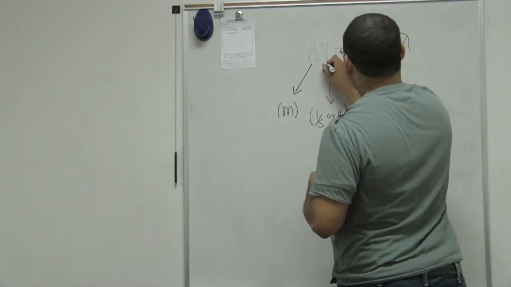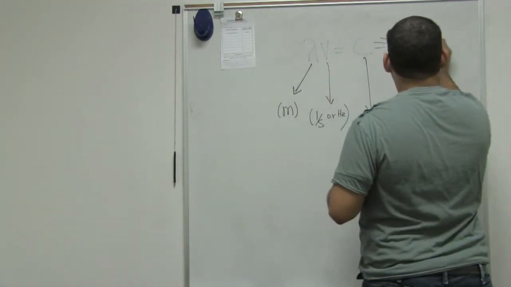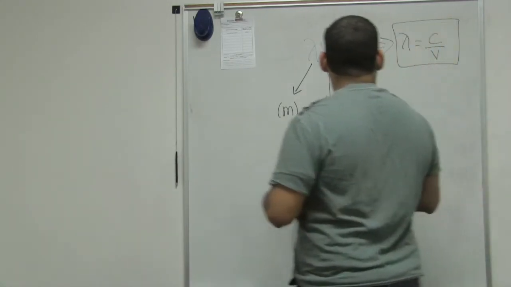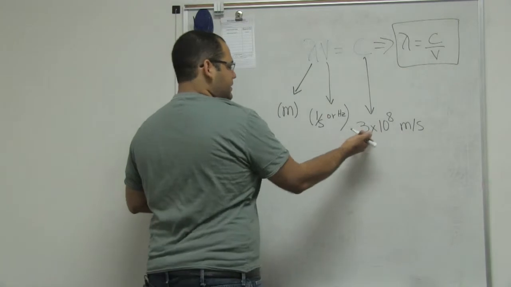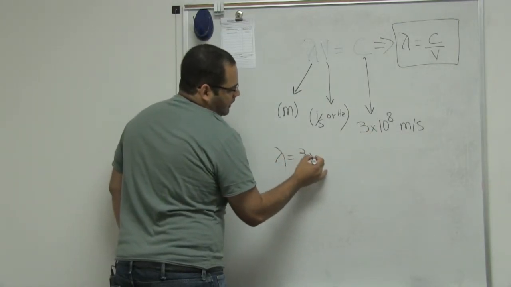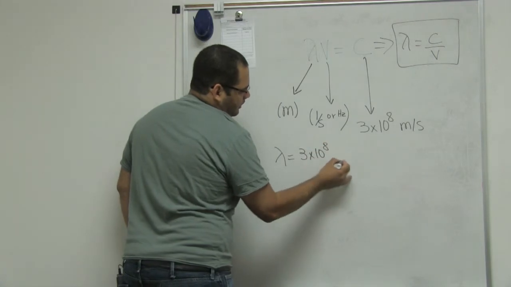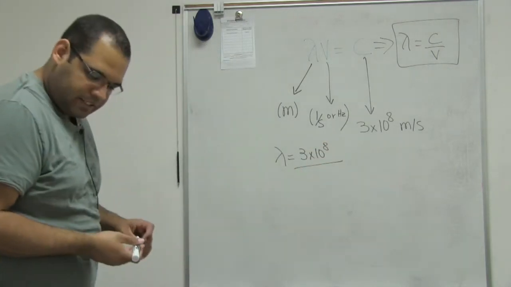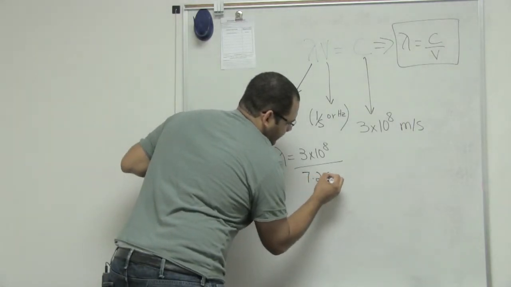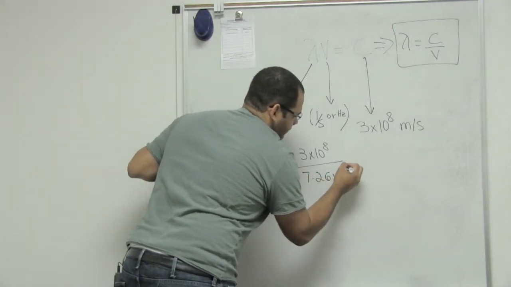Wavelength, I can divide both sides by frequency. Wavelength will be C over that. And now I just plug in the numbers. I know this is a constant, the speed of light. So my wavelength would be 3 times 10 to the 8th divided by the frequency that is given, that is 7.26 times 10 to the 14th.